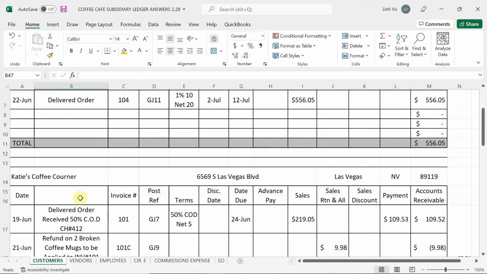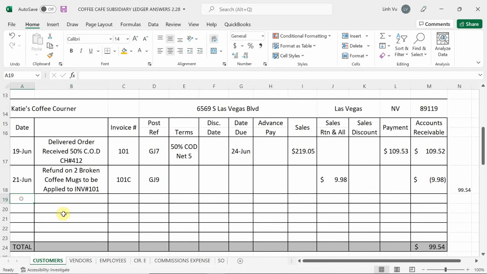Okay, so Katie is right here. Received payment, check number 420, for invoice number 101, General Journal 13.